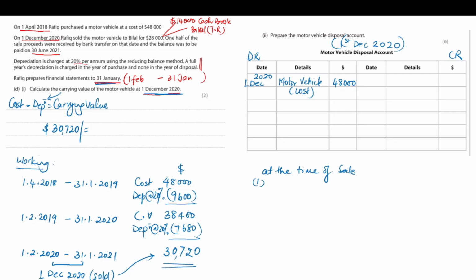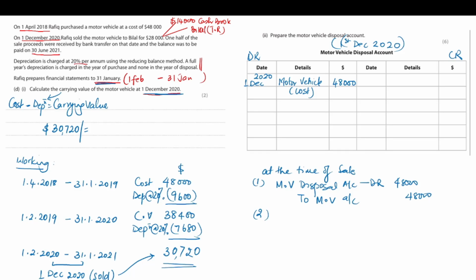We always pass motor vehicle non-current asset disposal account, debit to motor vehicle account. So this is 48,000. I'm showing you journal entries also so that it's easier for you to understand.